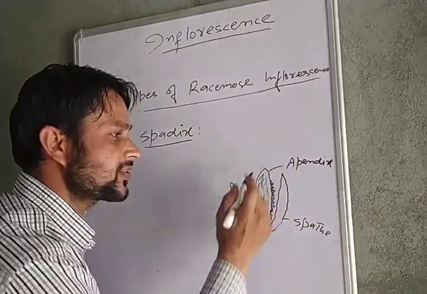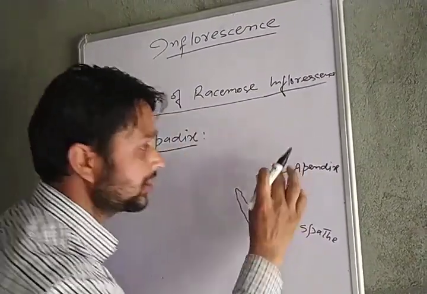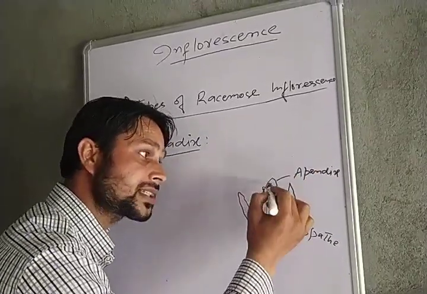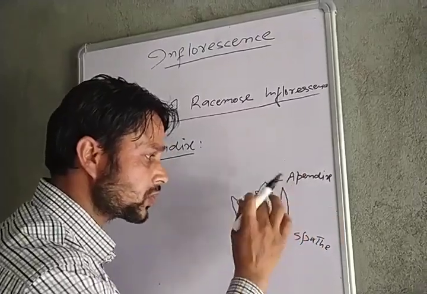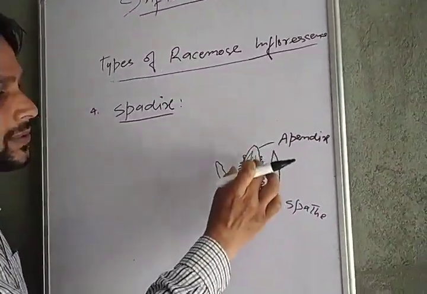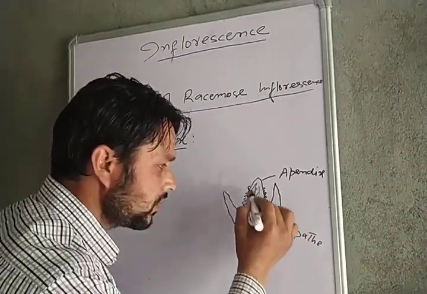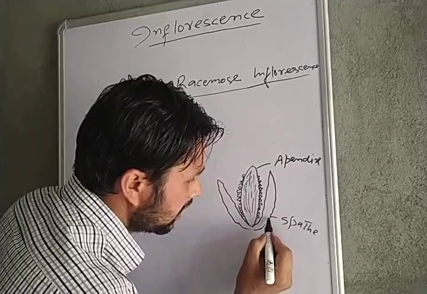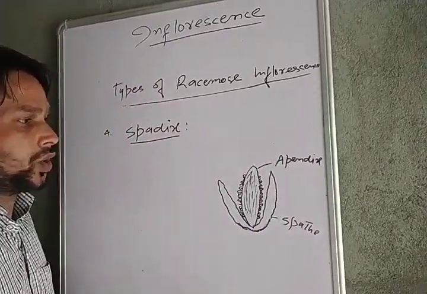The tip remains sterile and the flowers are not present in this portion. That's why it's known as appendix. It is the sterile portion of this peduncle, and the lower portion possesses a large number of sessile flowers. This peduncle and the flowers are covered by a green colored bracket-like structure known as spathe.